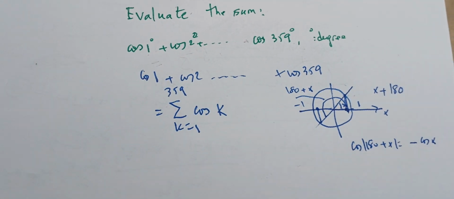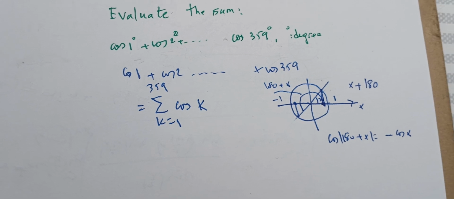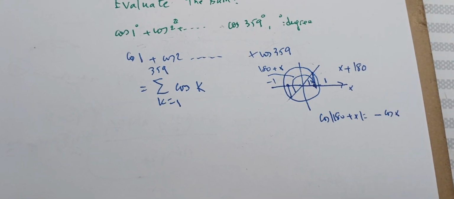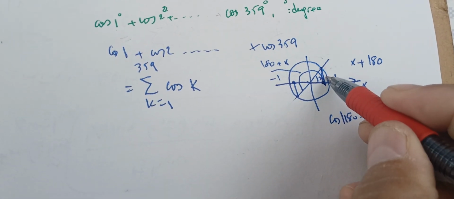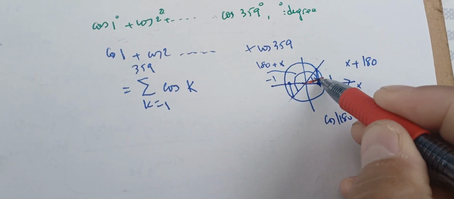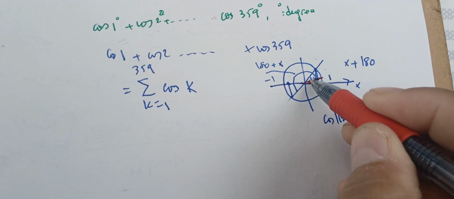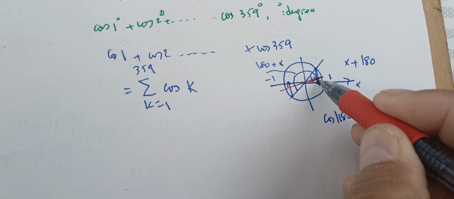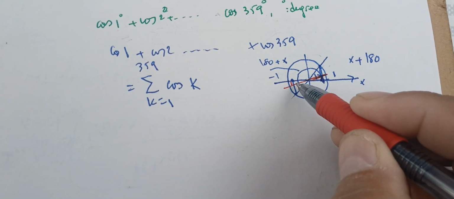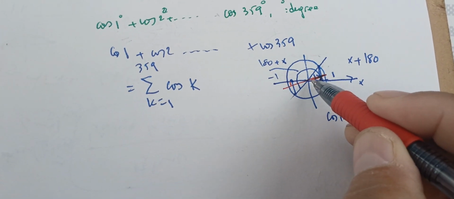So we're going to use this fact to evaluate this expression. Let's start with 1. Assume that this angle in red is 1. So 181 is this one here. The cosine of 1 and the cosine of 181 add up to 0.